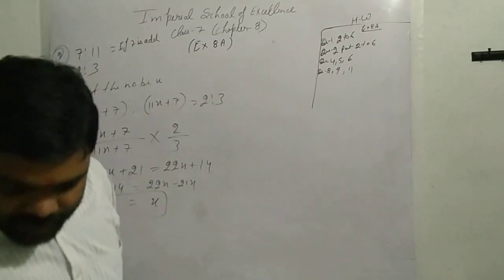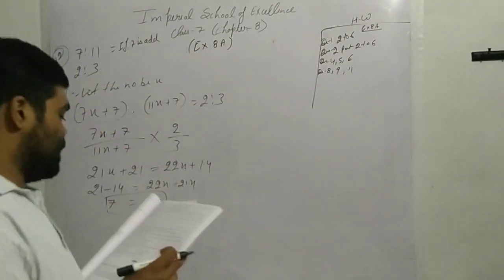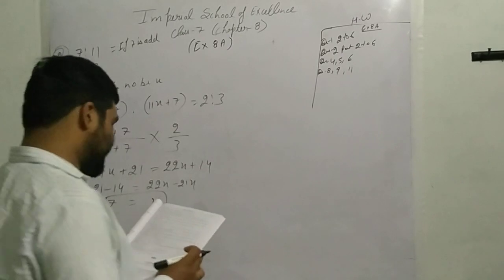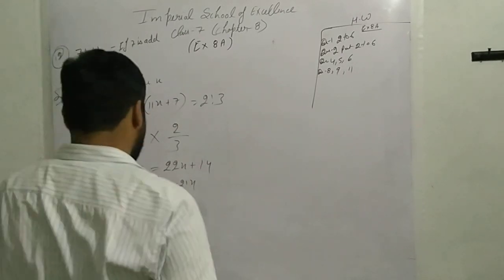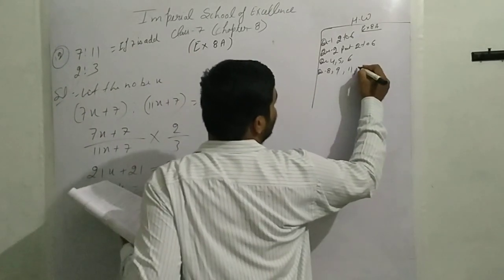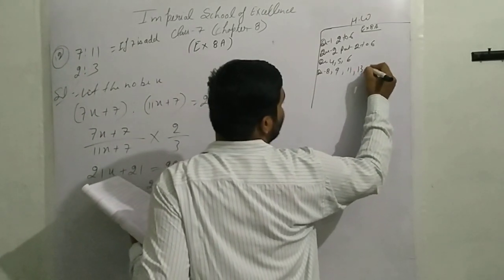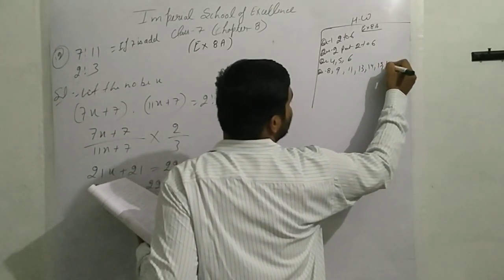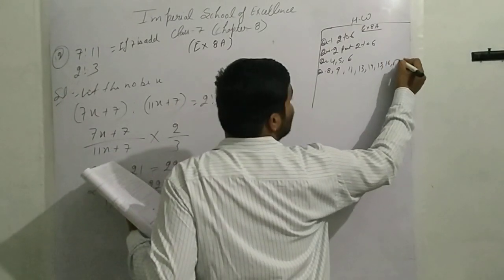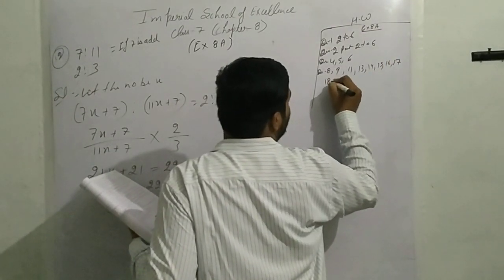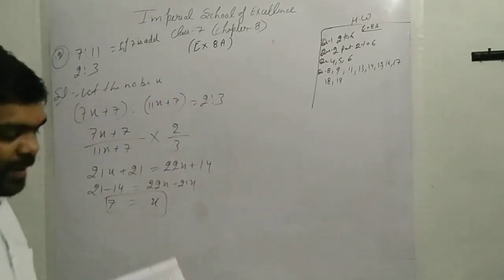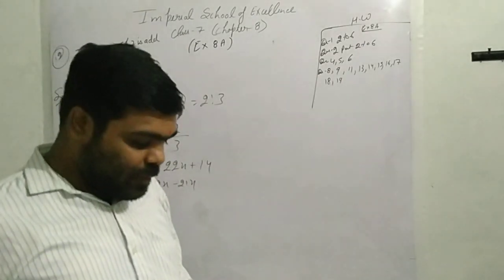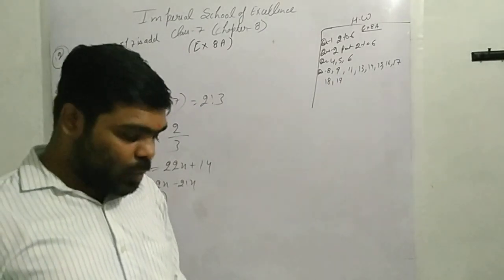Now question number 12 I have explained to you. Questions 13, 14, 15, 16, 17, 18 and 19 are the same. You have to do it like this only. After that, let's come to question number 20.